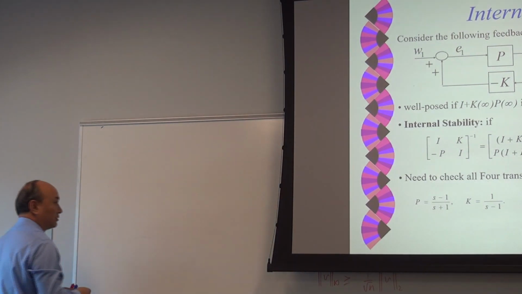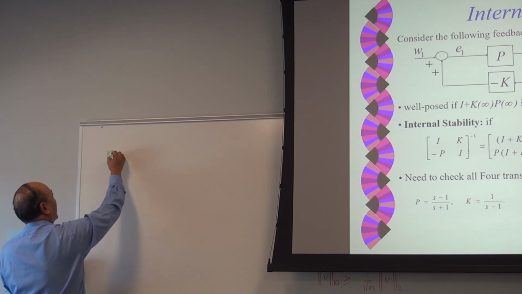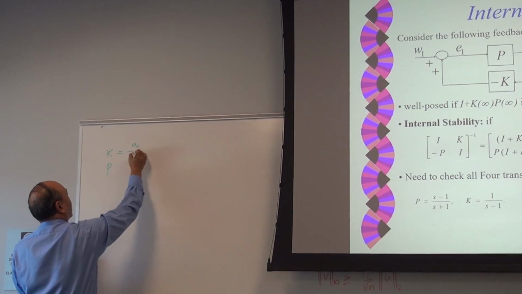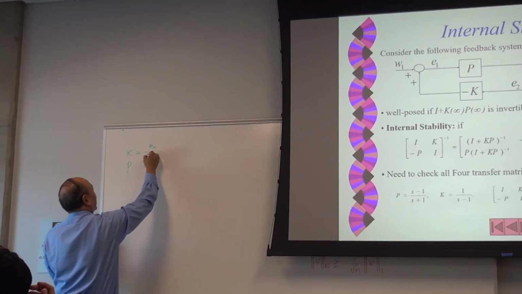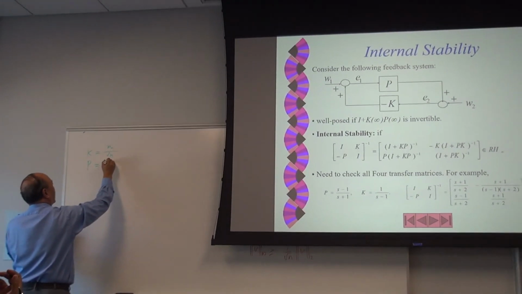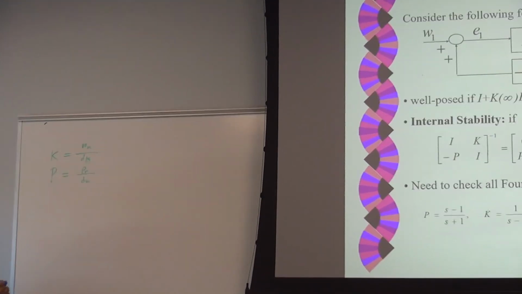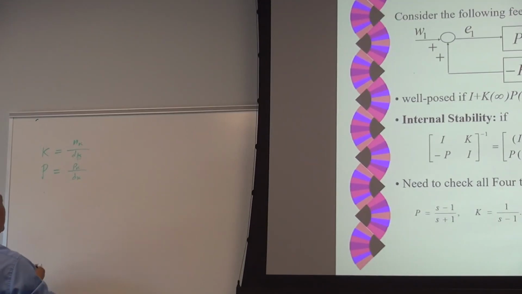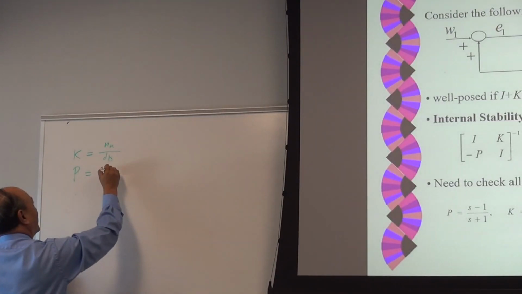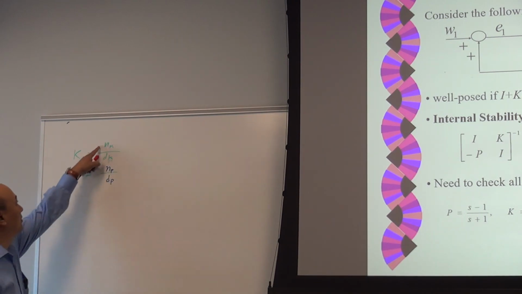If you have K or P, you can also write it as NK divided by DK, and for P, NP versus DP, numerator polynomial over denominator polynomial.